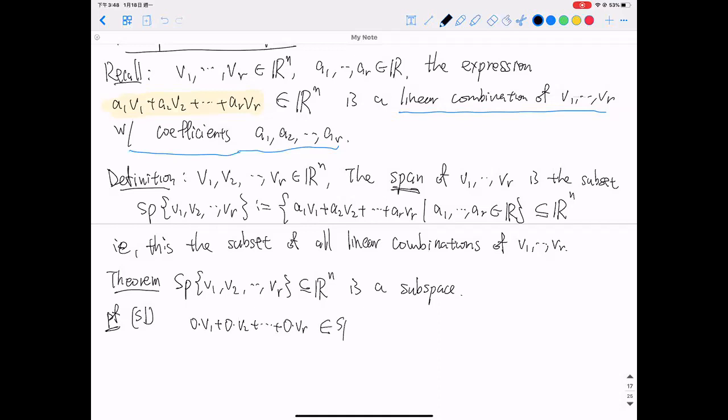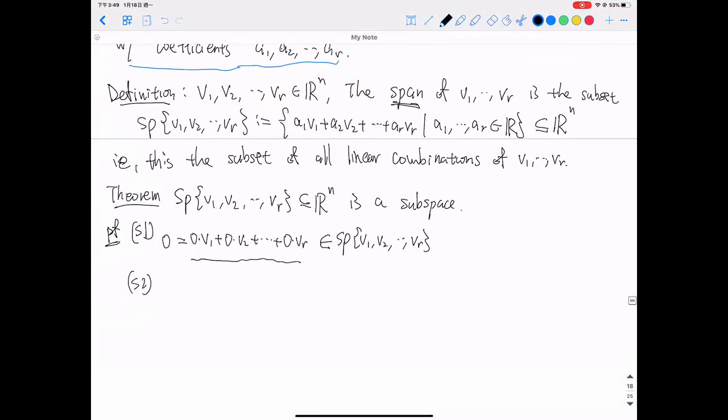Now the choice we make is to take all these a's to be 0. By definition, this is a linear combination, therefore it belongs to the span. On the other hand, 0 times a vector gives you the 0 vector, so all you have here is a sum of 0 vectors. That is the 0 vector. So therefore, the 0 vector is in the span.